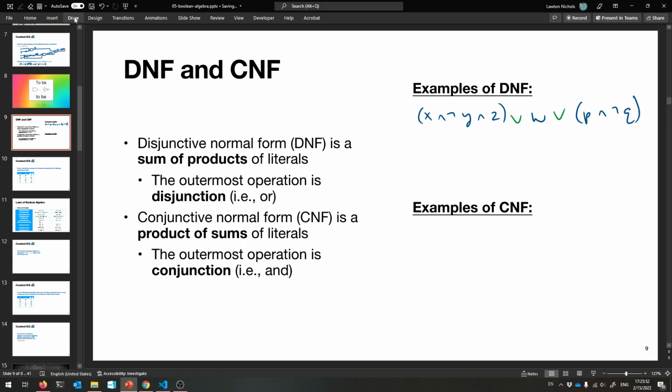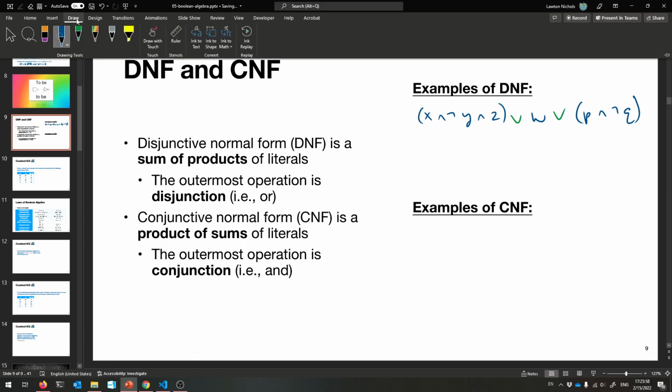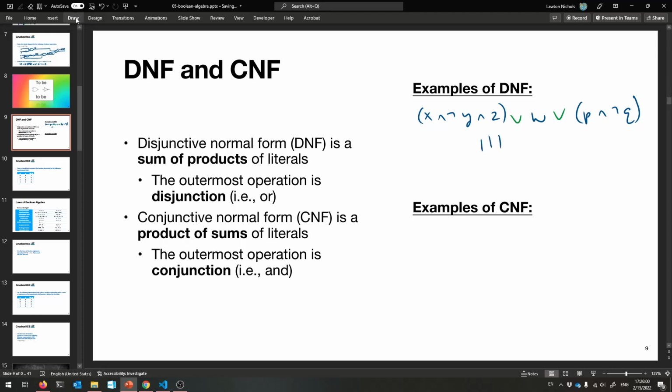I'm disjuncting all of them. If we translated this to Boolean algebra, it's x y bar z plus w plus p q bar. I can also introduce those times symbols if you'd like, but it's a sum of products. I hope you see that. So that's DNF. It's useful.